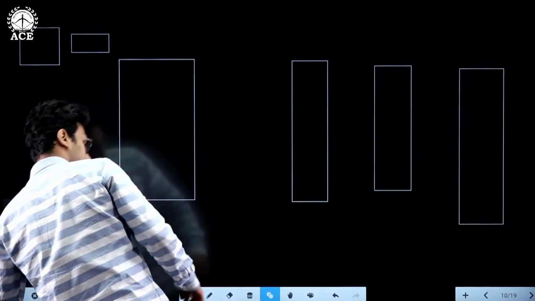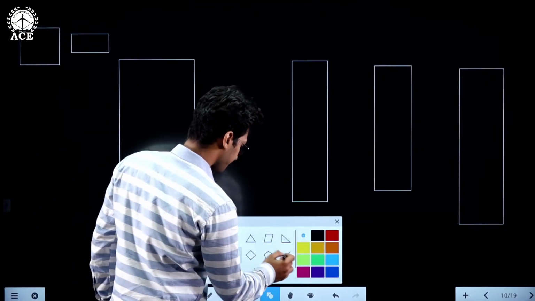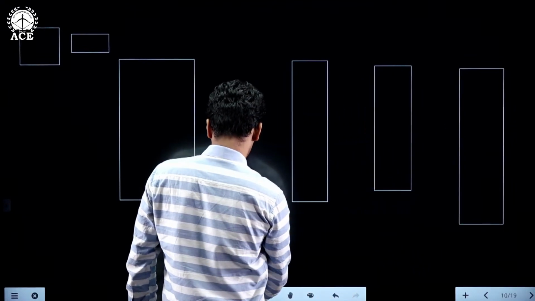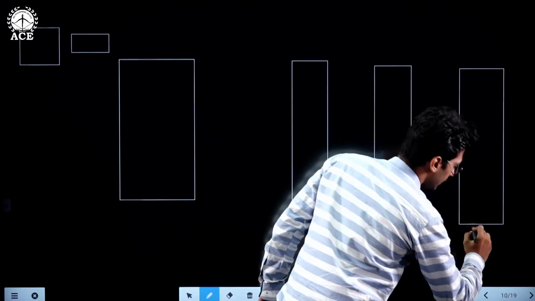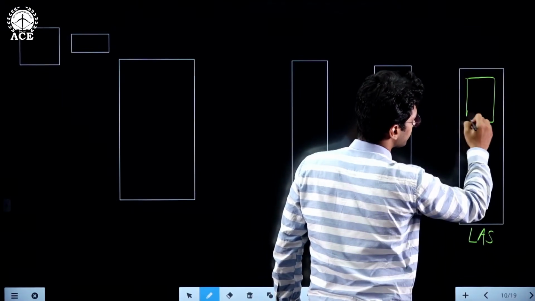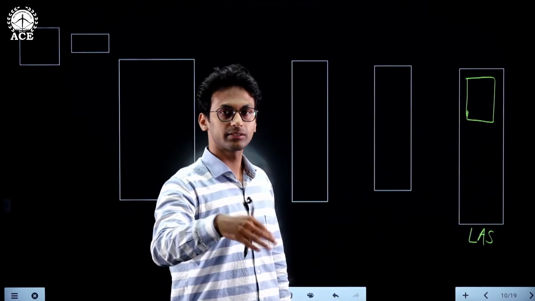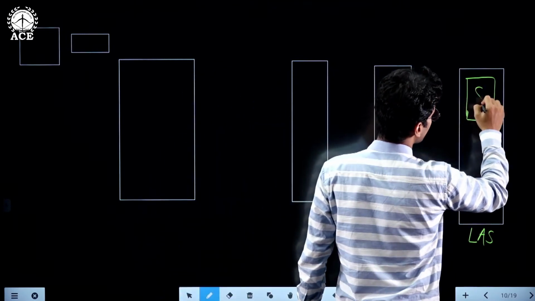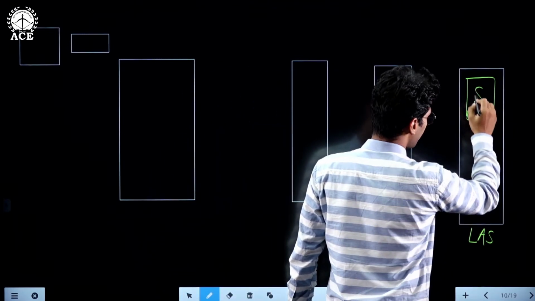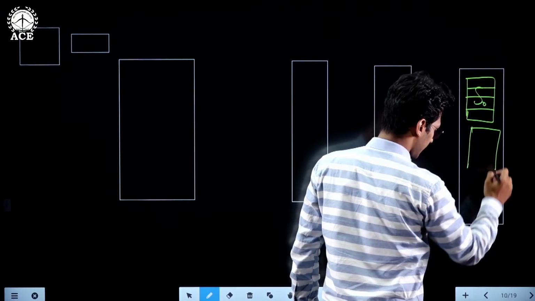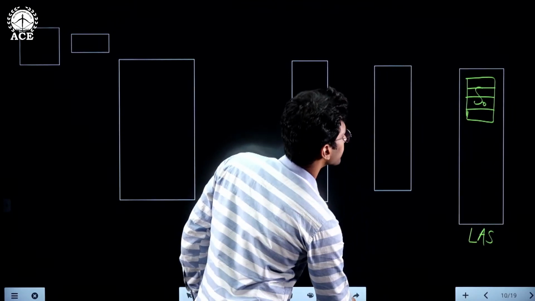See, what I want on this pen. Logical address space will consist of segments. Same only. Segmented paging is also the same. Logical address space will consist of segments. But the segments, this segment 0, will be further divided into pages. Are you getting it?